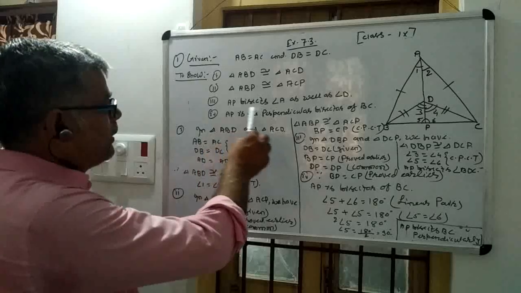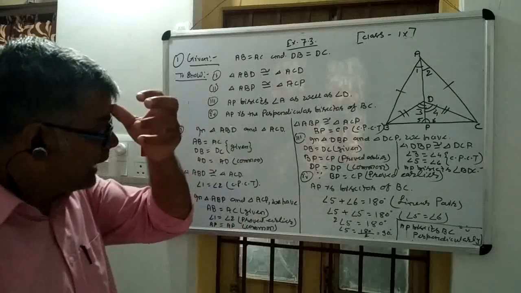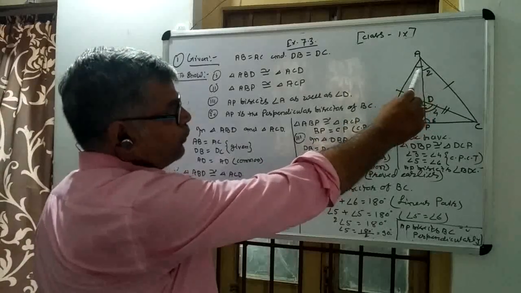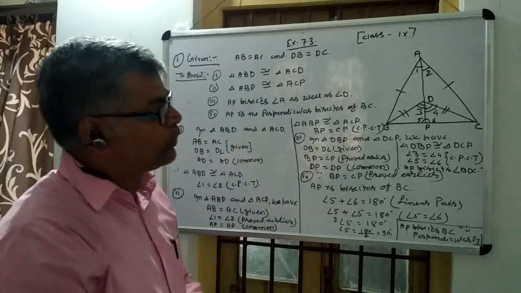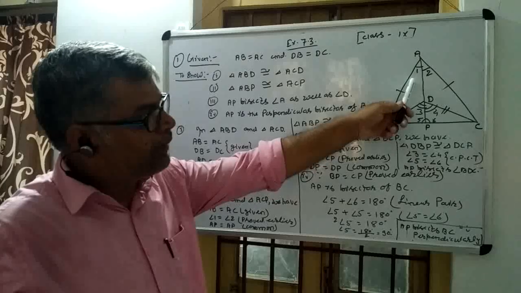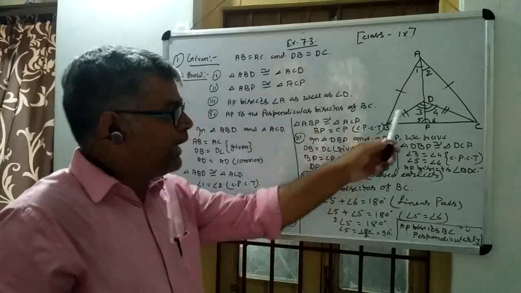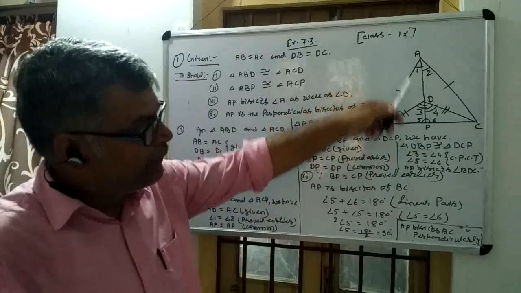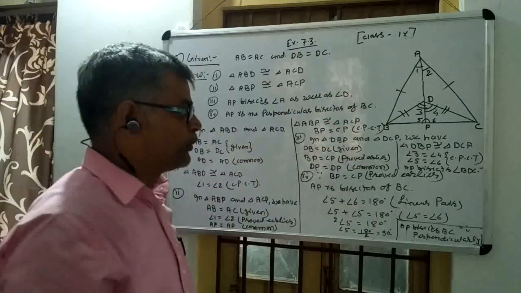Now in the third part, we have to prove AP bisects angle A as well as angle D. Since angle 1 equals angle 2, it is clear that AP bisects angle A. Now we have to show that angle 3 equals angle 4, so that AP bisects angle D also.